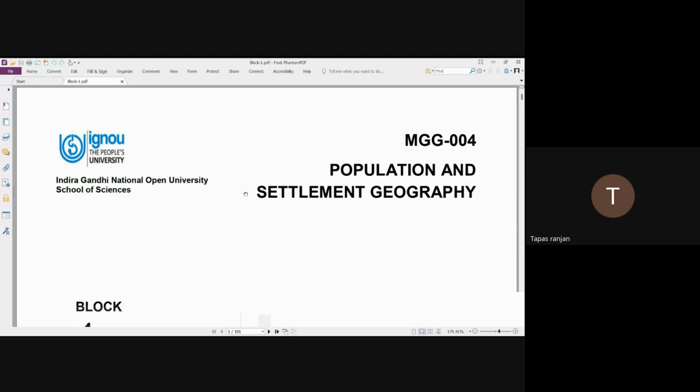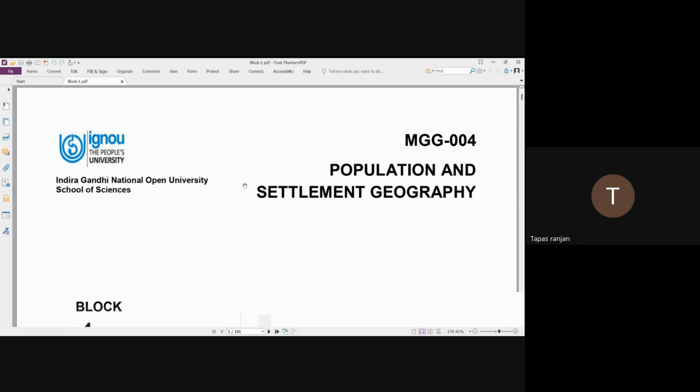There are two approaches in which we study geography: the systematic approach and the regional approach. Within the systematic approach, we study physical geography, human geography, and biogeography. Within human geography, population and settlement geography falls. So we are dealing with systematic geography.